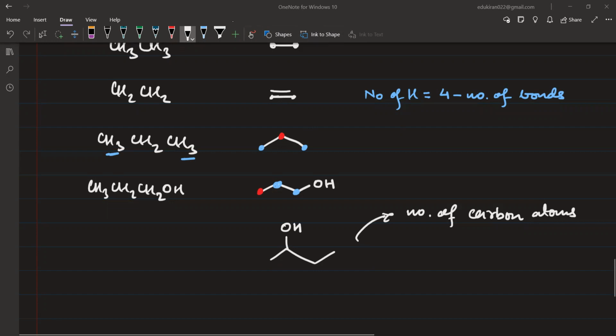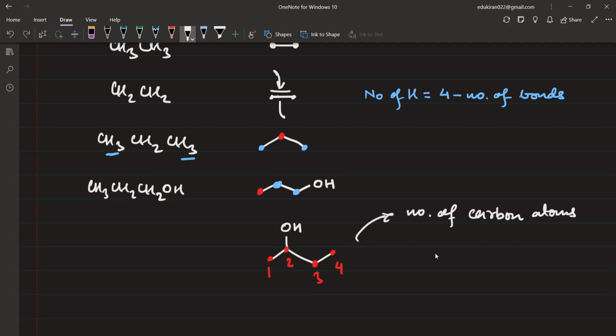Please see here, guys. This is the first carbon atom, second carbon atom, third carbon atom, and fourth carbon atom. I can also agree that some people may say, sir, this is also a carbon atom, but that is not a carbon atom. Because if you have specified something at the end of the bond, basically all of these are bonds.